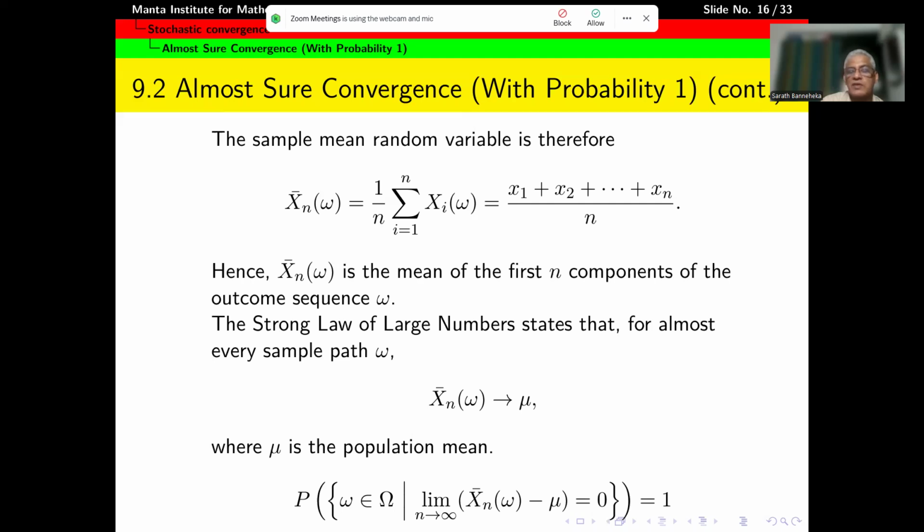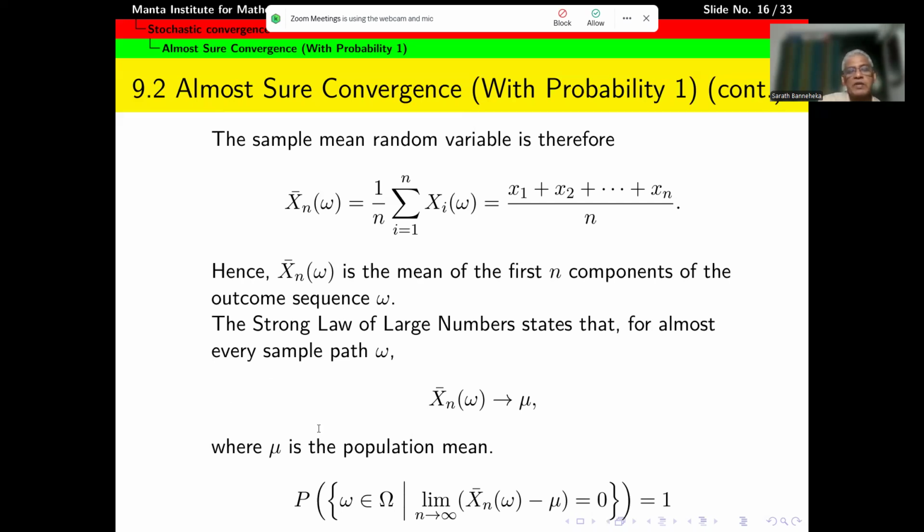That actually tells you that xn bar, so you can consider a sequence: x1 bar will be simply x1, x2 bar will be x1 plus x2 divided by 2, right? For a particular omega, the mean of the two observations, x3 bar will be, for that omega, the mean of the first three components, and so on.